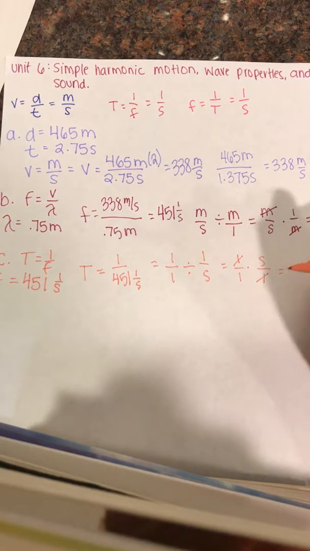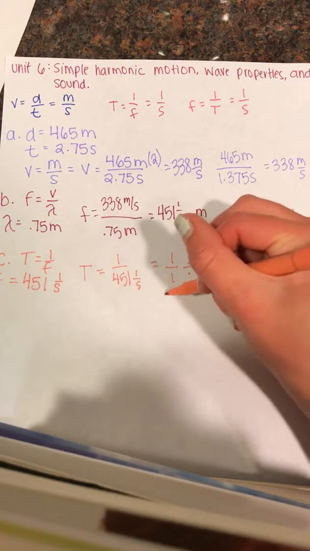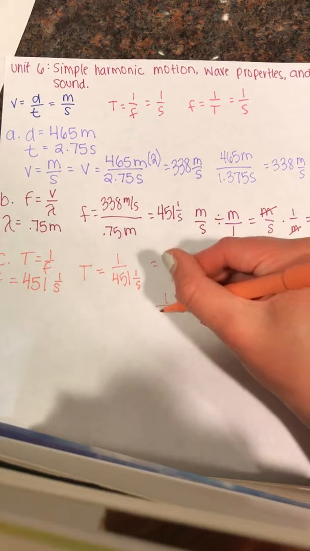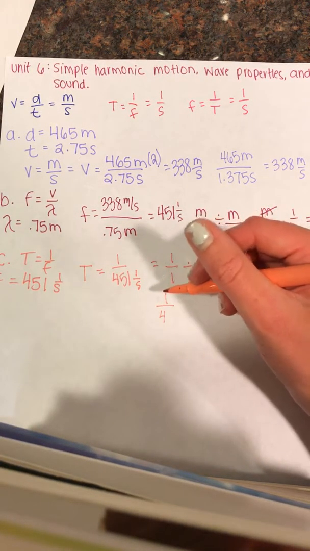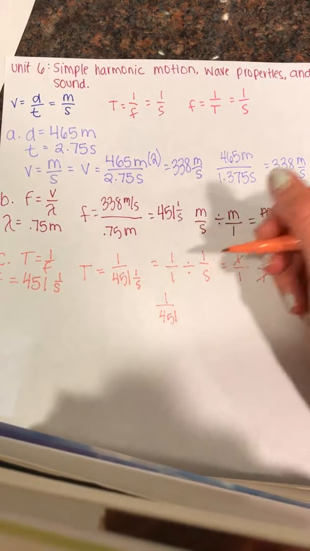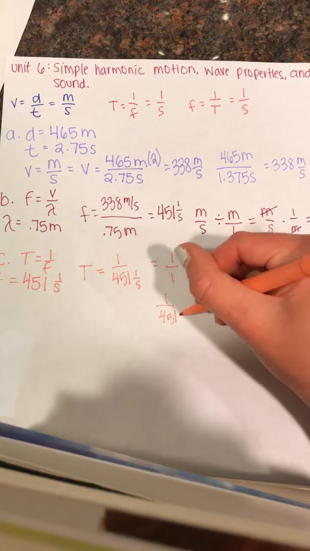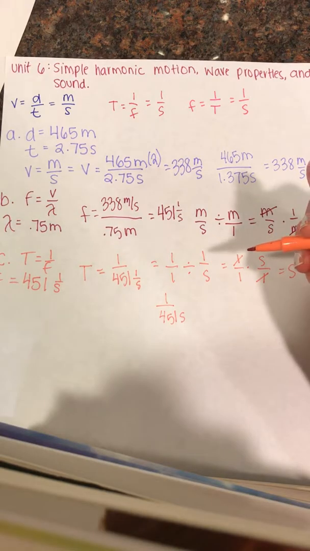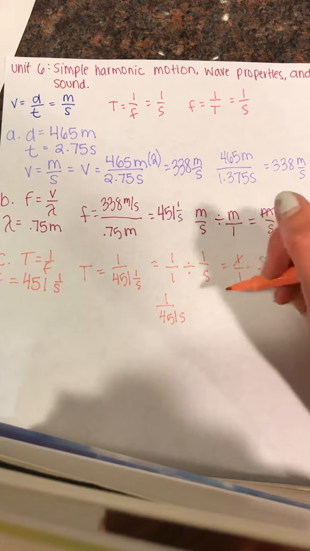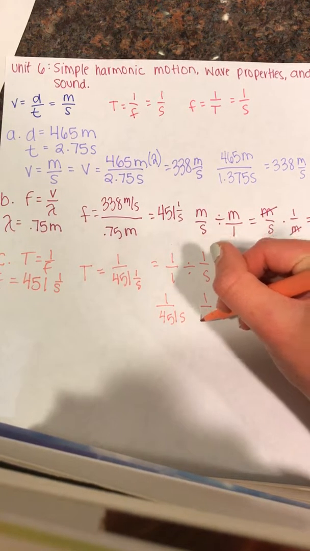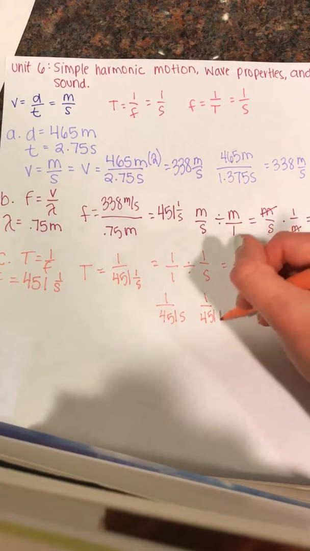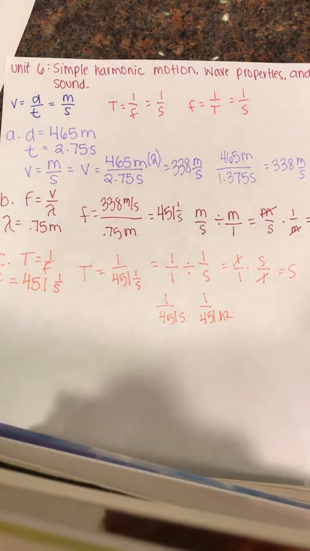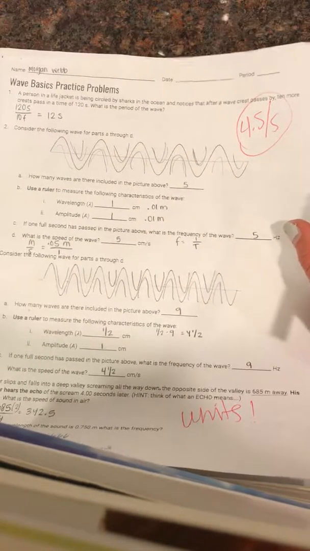The ones can cancel out and we're left with seconds, so we know that we have 1 over 451 seconds. Or that can also be written as hertz. And that is question number 6 of the Wave Basics practice problems.